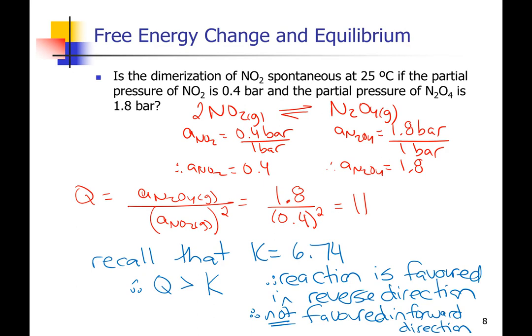So I personally think this is by far the easiest approach to this question, but you will find that in thermochemistry there are often multiple routes to the same place. And as I mentioned, we can take this reaction quotient and we can combine it with our standard free energy change for a reaction and use that to calculate an overall free energy change, and that will also answer the question just in a different way.